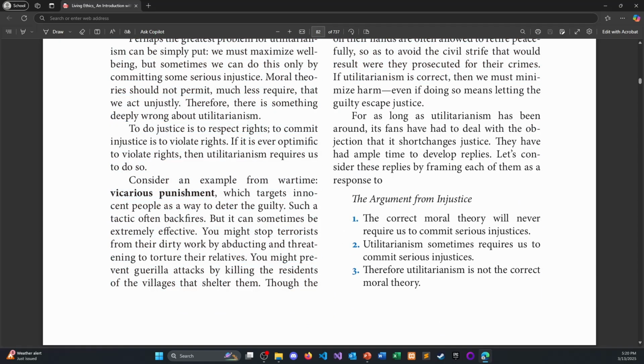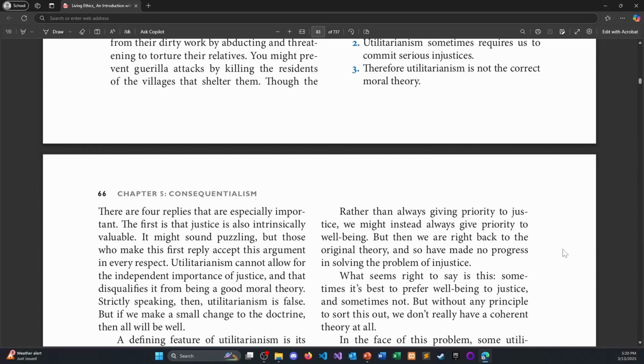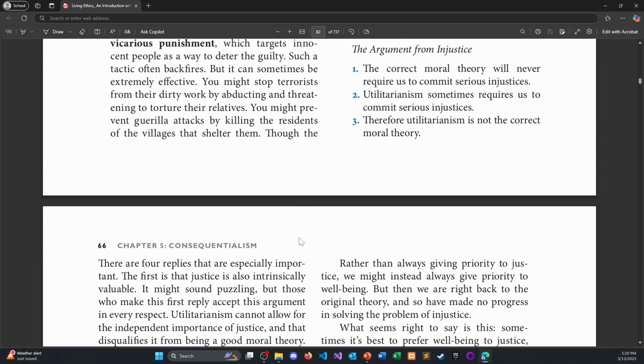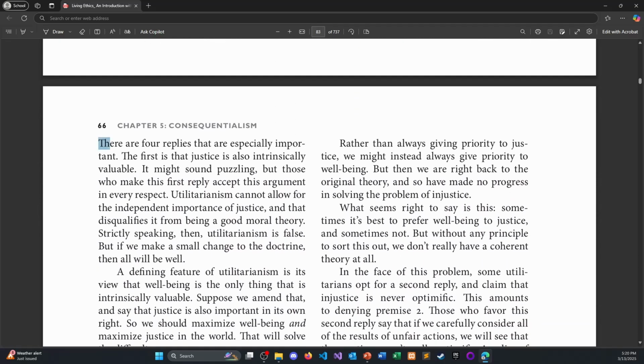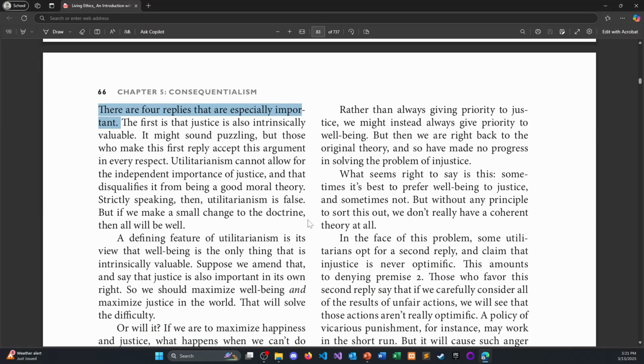But besides just looking for these arguments, we also want to look for the analysis of these arguments. Usually right after the argument comes an analysis section. We can see that right here, the next paragraph starts with, there are 4 replies that are especially important. Those replies are replies to the argument from injustice, and then the next paragraphs will discuss those replies.